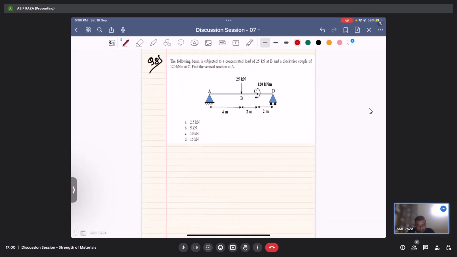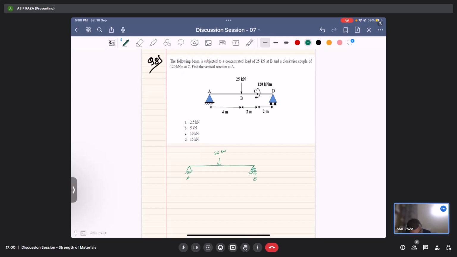The following beam is subjected to a concentrated load of 25 kilonewton at B and a clockwise couple of 120 kilonewton meter at C. Find the vertical reaction at A. Okay, just need to find the reaction at A. First thing first, let's draw it separately. So 25 kilonewton is acting here.